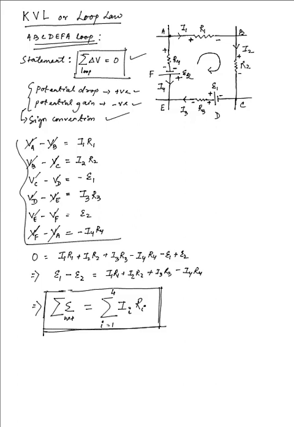So this is simply the KVL, or the loop law, and there's another statement to it, as you can see: the net EMF across a loop is equal to the sum of the product of current with their corresponding resistances. Now this is another statement of KVL.